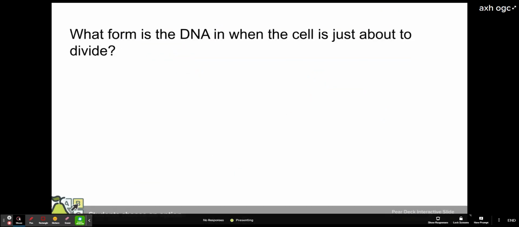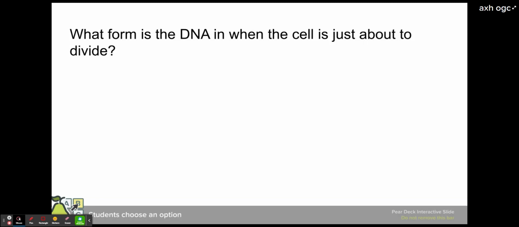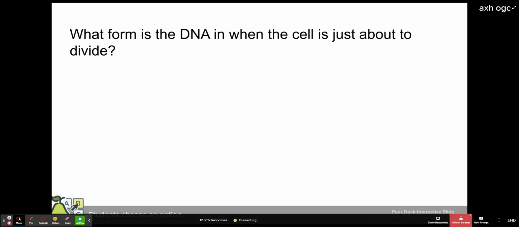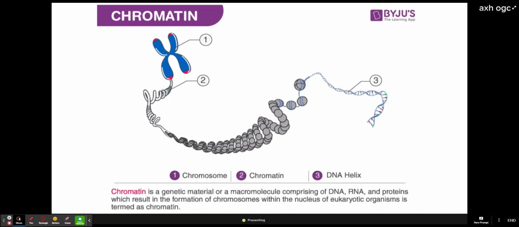What form is the DNA in when the cell is just about to divide? All right, so the correct answer is chromosome, and you can see the chromosome is right before division.